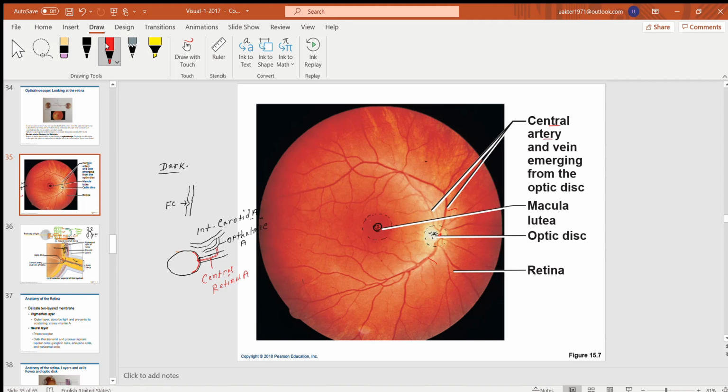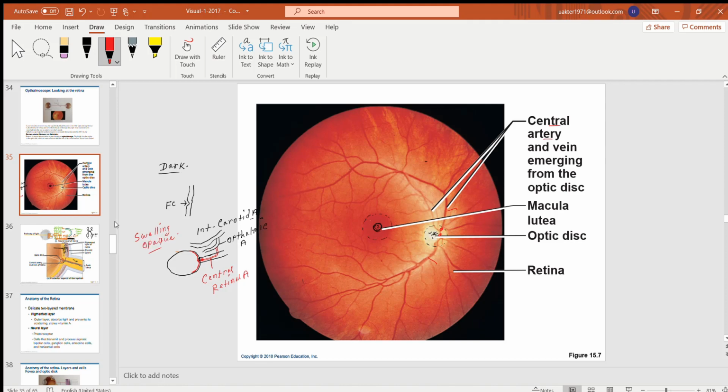Now with occlusion or any blockage in the retinal artery, the retina won't get the blood supply. So there is swelling of the retina, right? Since the tissue will start to die, and also the retina becomes opaque.